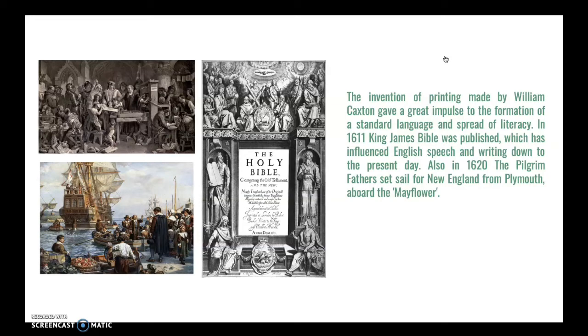In 1611, the King James Bible was published, which influenced English speech and writing down to the present day. The Bible and some Bible manuscripts were printed, and the printing press made books available to more people. Books became cheaper and more people learned to read. Printing also brought a standardization to English.